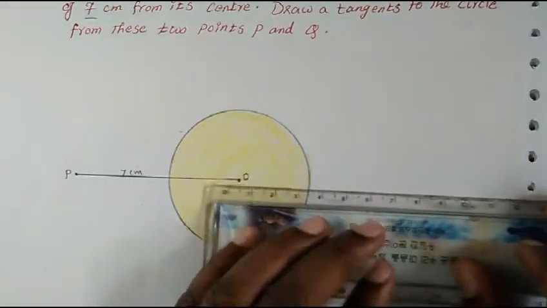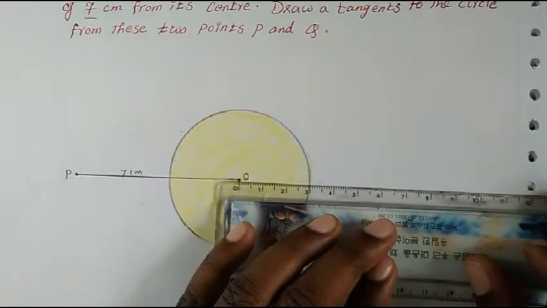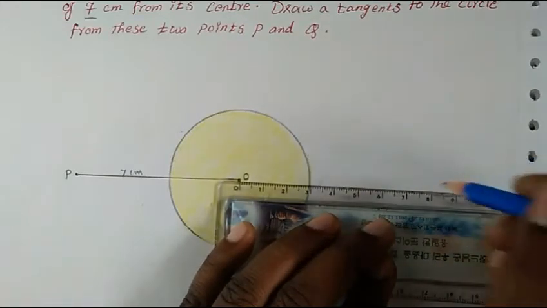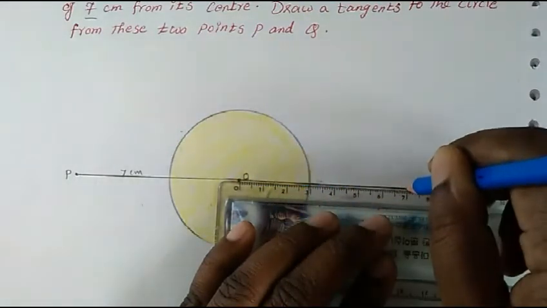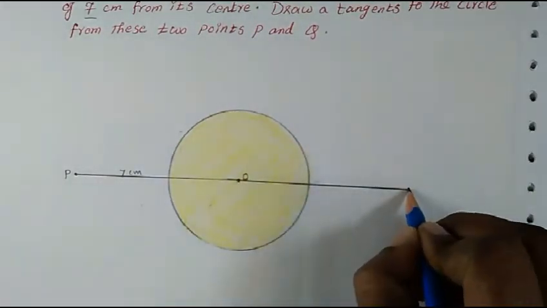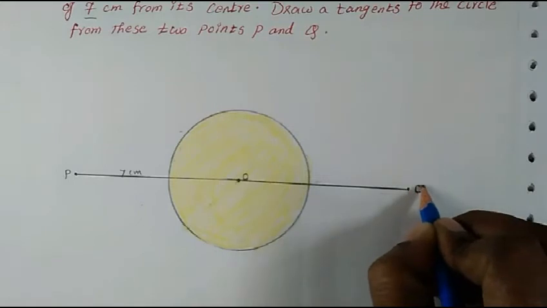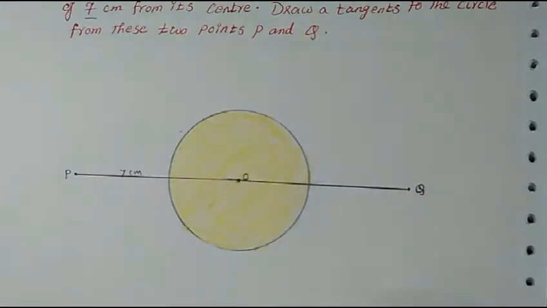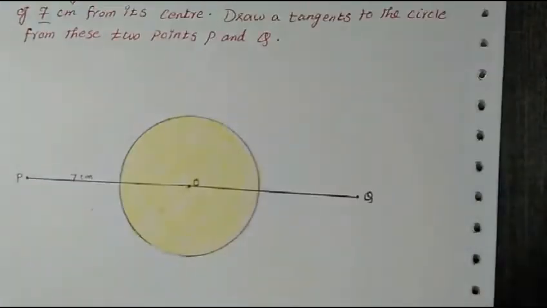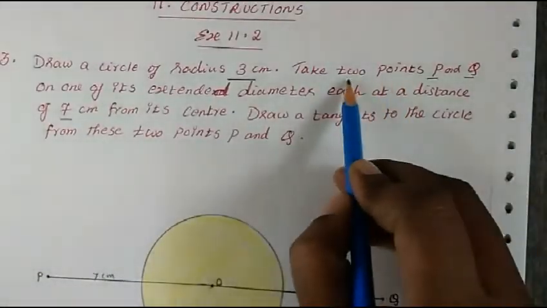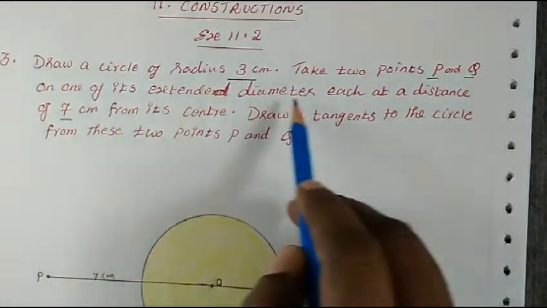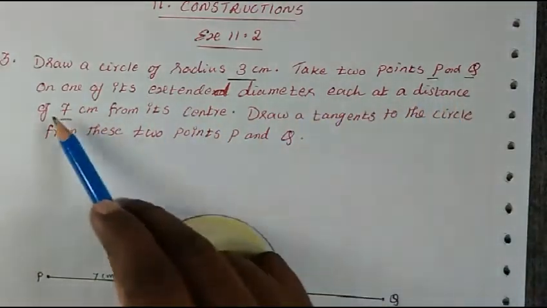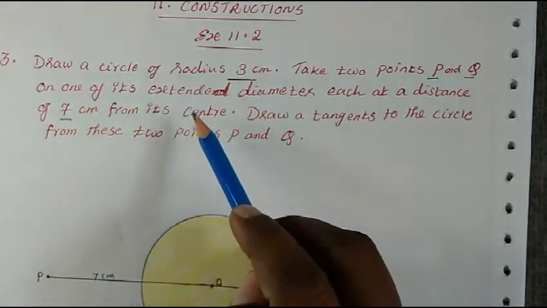So same way here also keep the origin here and extend 7 centimeter. So this is point Q. Okay, I hope it is clear to you. So 2 points P and Q on one of its extended diameter, each at a distance of 7 centimeter from its center.